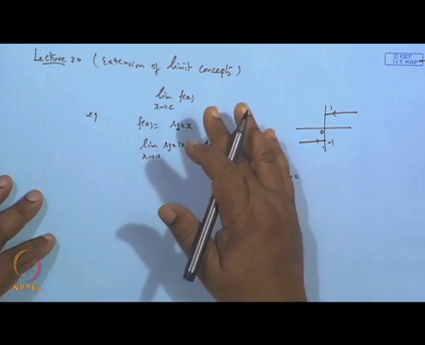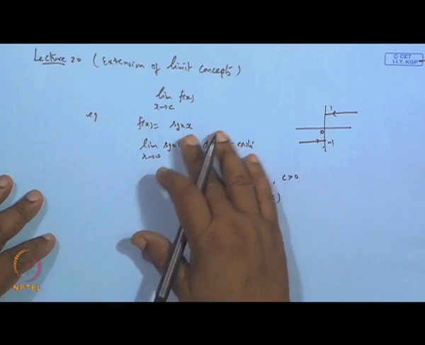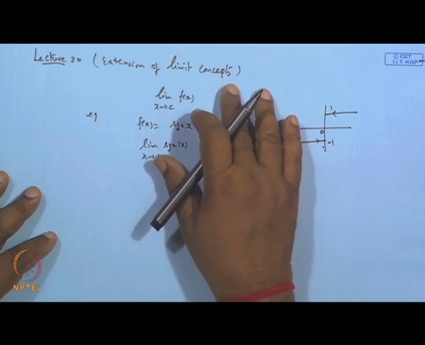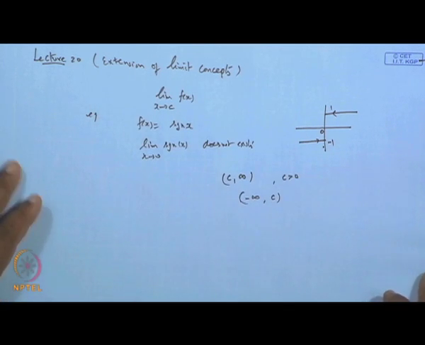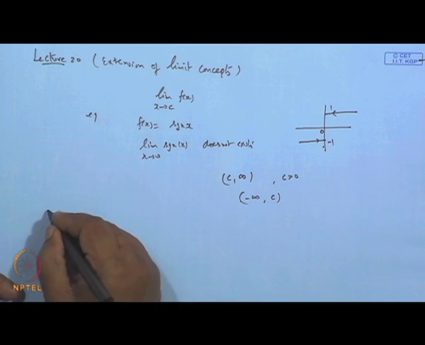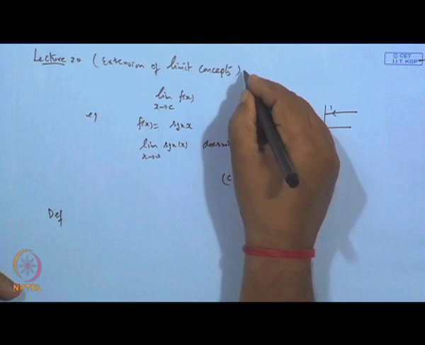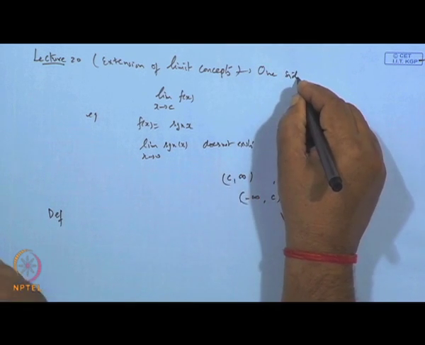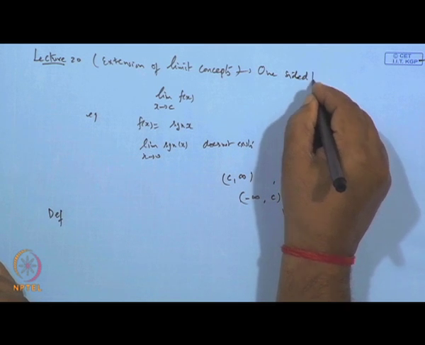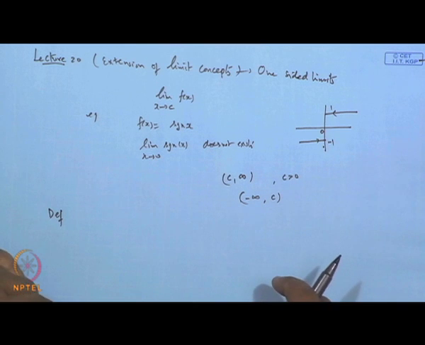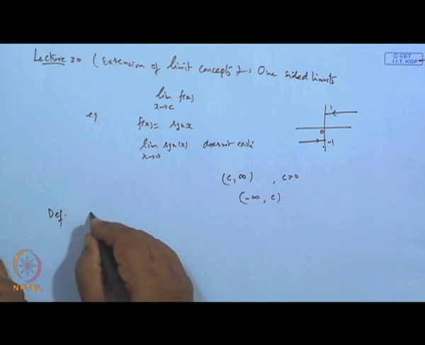Otherwise, we will introduce the concept of left hand and right hand limit, which we can say is an extension of the limit concept. So, that is also called one side limits. Okay.